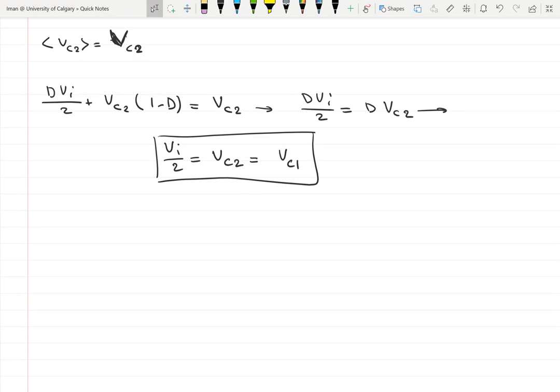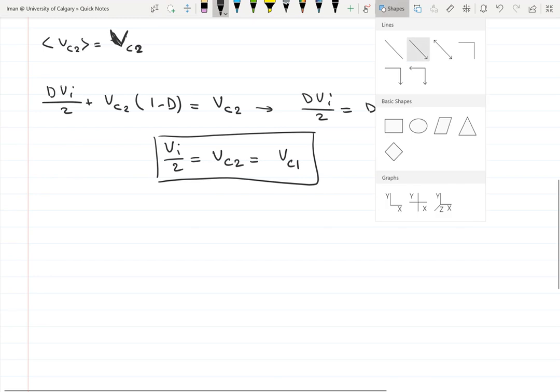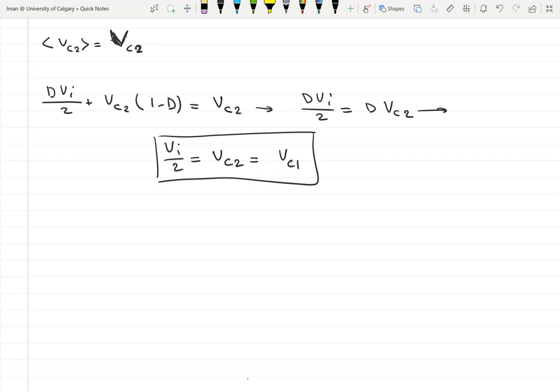Okay, so now let's draw the current waveforms. It's very similar to the full bridge waveform that we had before.